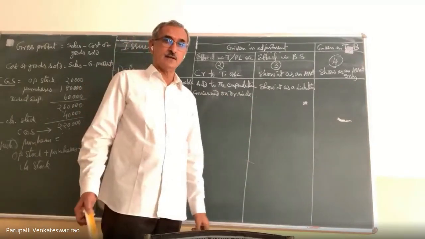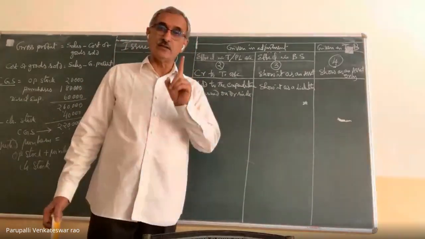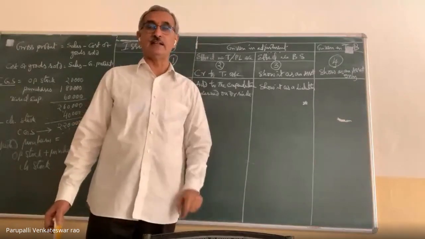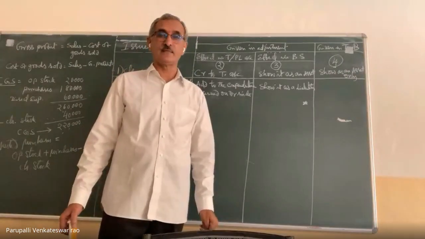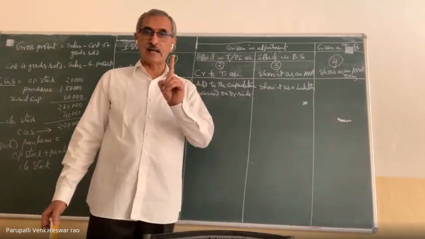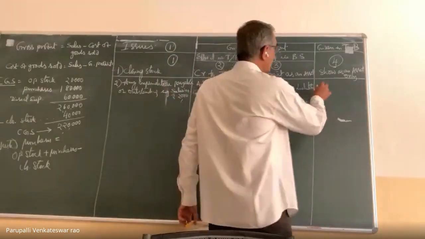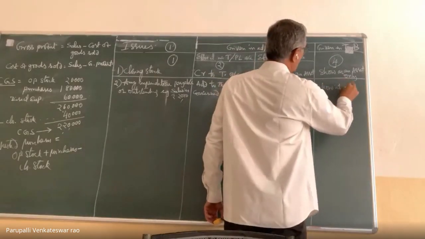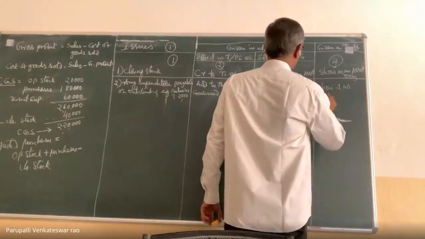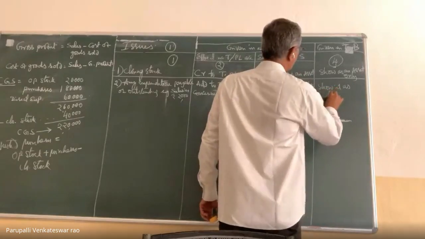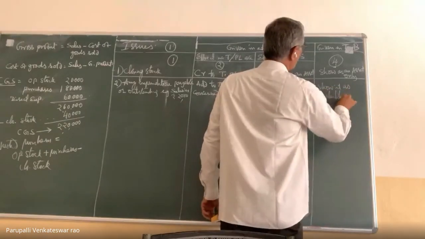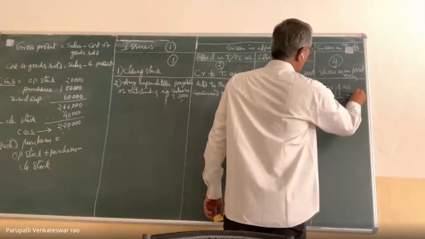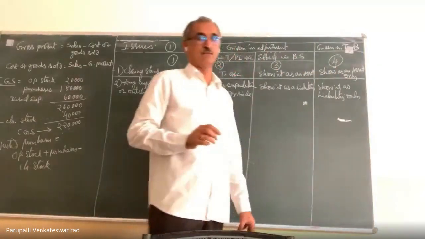Sometimes in the problem, salary payable is given in the trial balance. What do you do? It comes only one time, on the liability side of the balance sheet. Exactly. Show it as a liability only. Don't write it anywhere else.